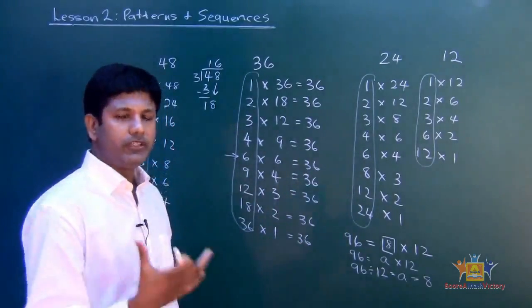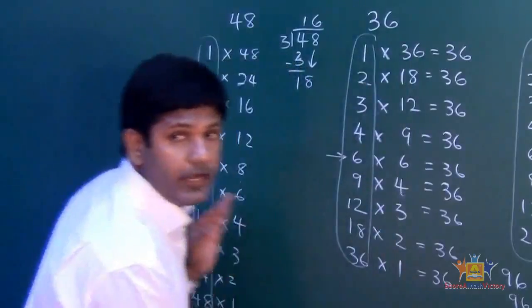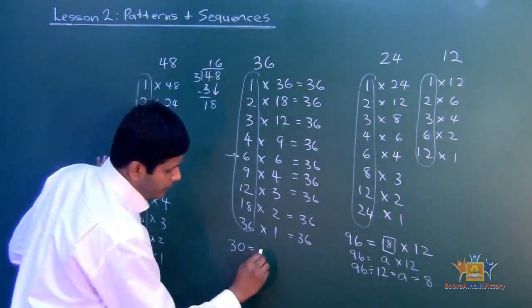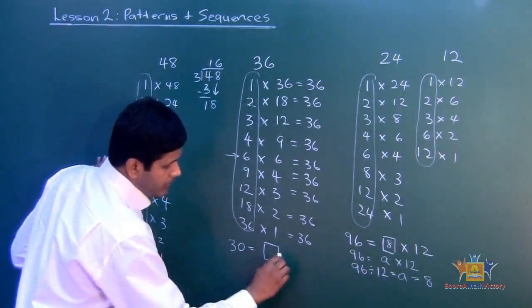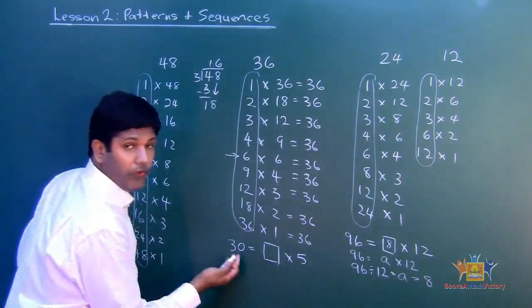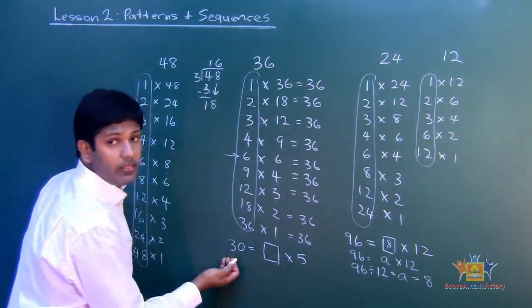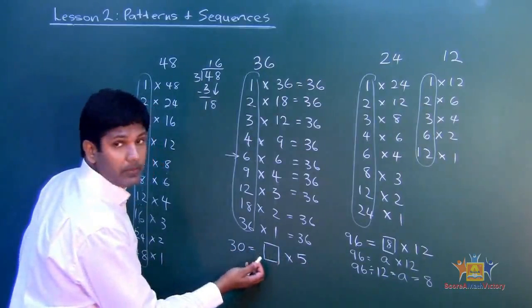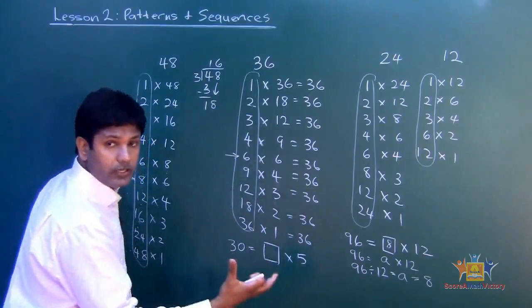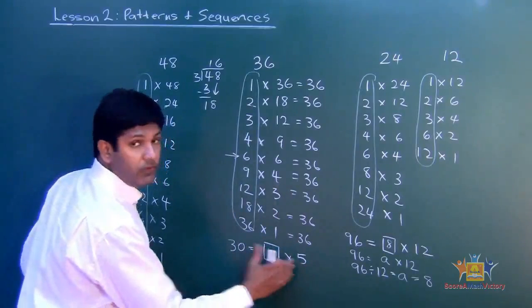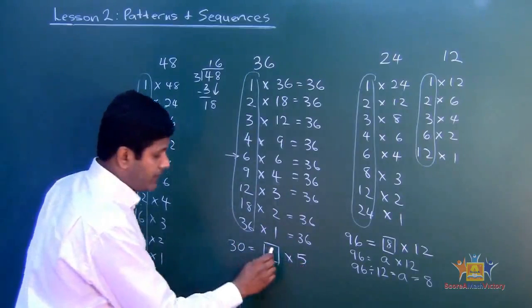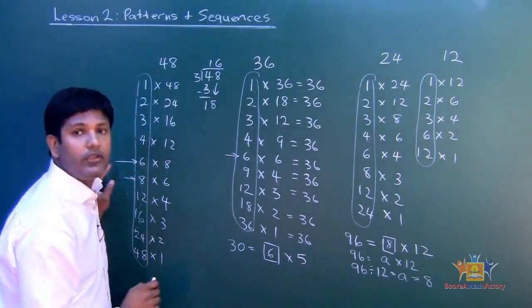Because we're going to be using that a lot, alright? Okay, so let's do another one, okay? Let's say for example, if I would give you 30 equals to what times 5? So this is the factor of 30, times 5 should give me 30, alright? So what would that be? So again, you can either use, based on your knowledge of timetable, what times 5 gives me 30, from our 5 timetable, we know that 6 times 5 is 30.